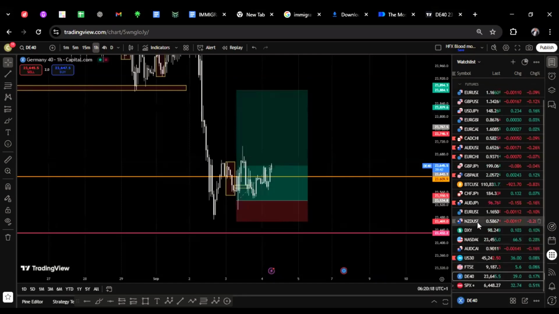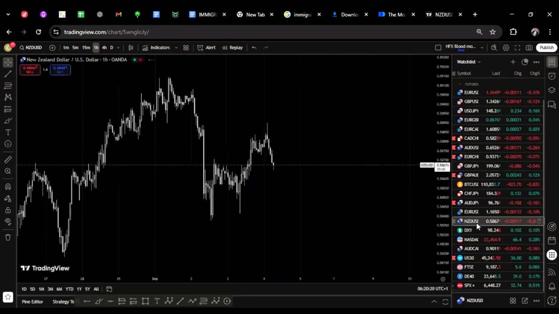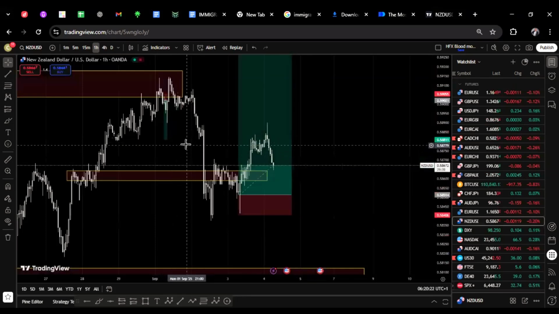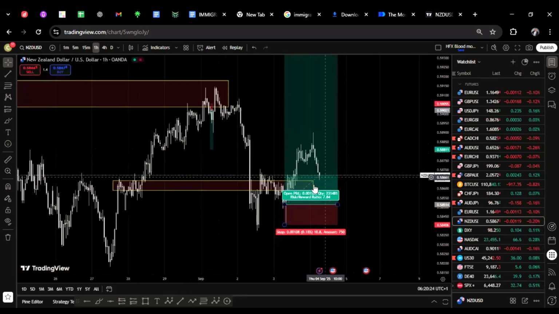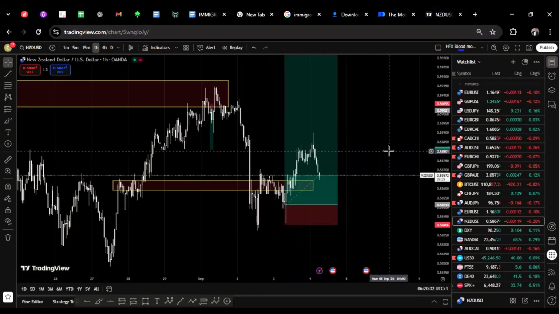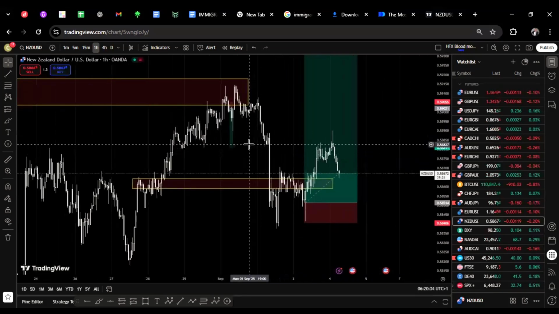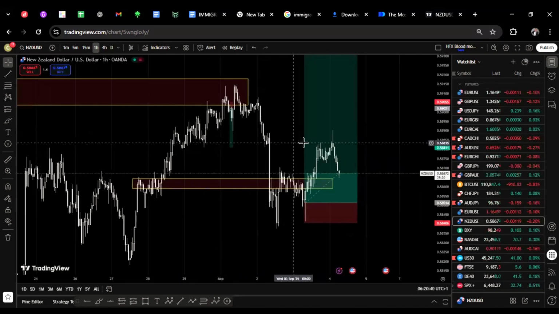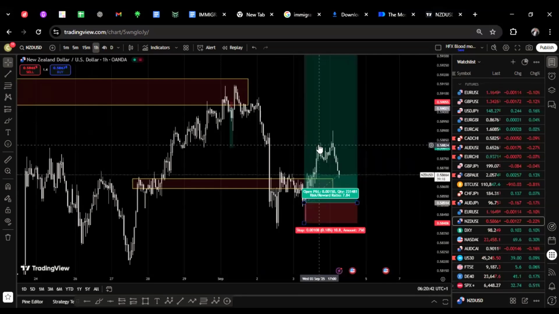Okay, this wasn't really the case for yesterday. This particular one actually happened this morning. So I didn't see this. This was yesterday. I would have actually closed here. Looking at it, this is a very good area to close. It hits a former resistance, right? It's a very good area to close, but I didn't.